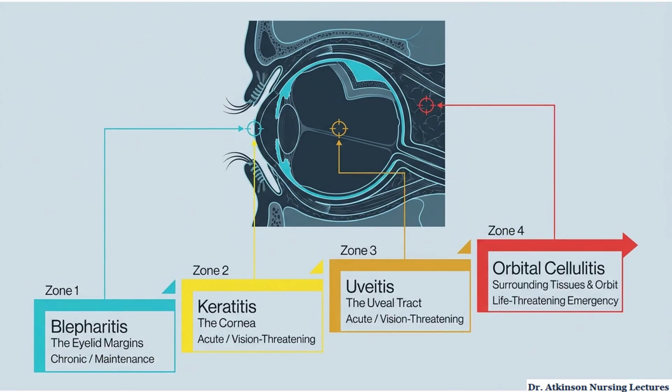Zone 3 is uveitis, the uveal tract deep inside the eye, the iris, ciliary body, and choroid. Acute and vision-threatening with serious complications. Zone 4 is orbital cellulitis, the tissues surrounding the entire globe, a life-threatening emergency. That zone framework tells you the urgency and the management intensity for each condition. As you move inward, the stakes go up.